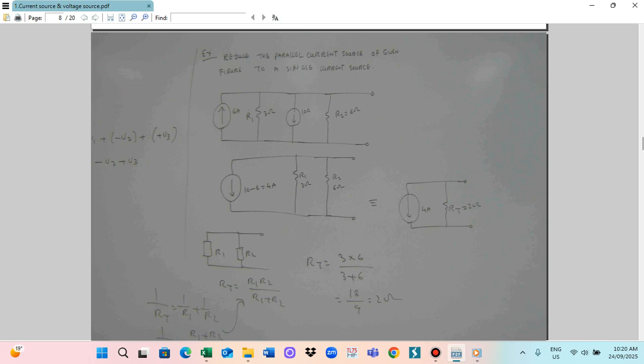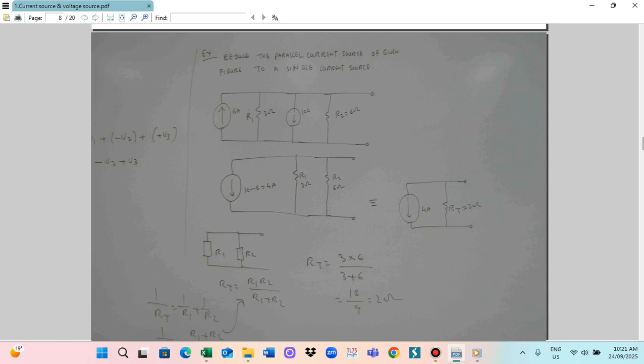When resistor R1 and resistor R2 are connected in parallel, you can calculate R1 R2 divided by R1 plus R2. The formula you can write is 1 by RT equal to 1 by R1 plus 1 by R2, which is R1 plus R2 over R1 R2. So this is for resistors connected in parallel.